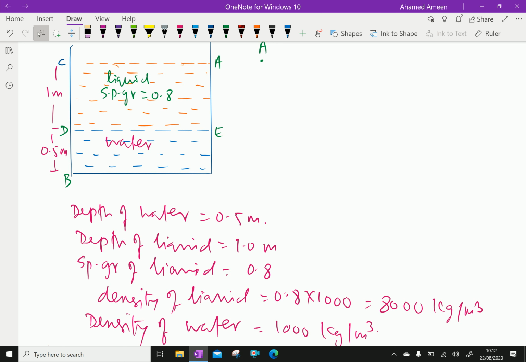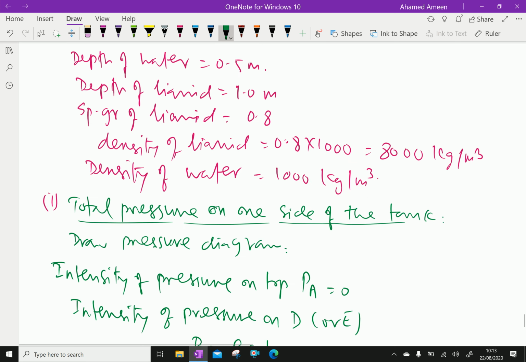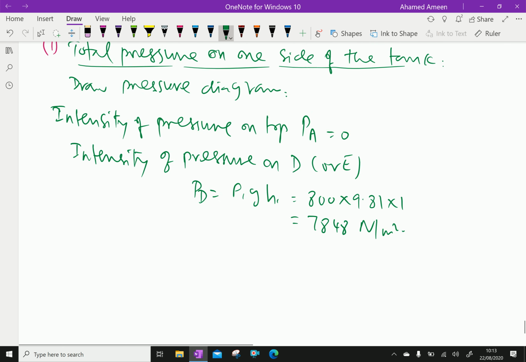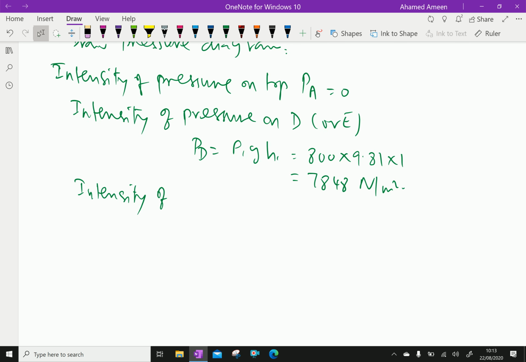First we'll draw the vertical line here, the force diagram for the vertical line. Then also we'll put the intensity of pressure on the base BC.